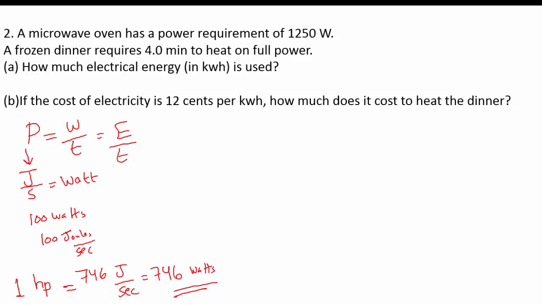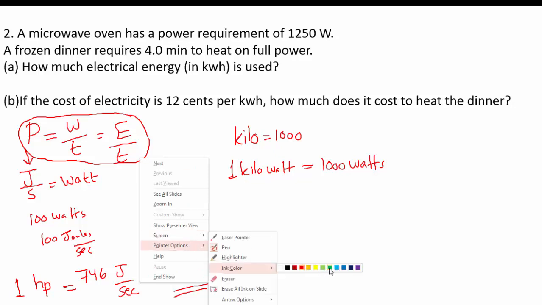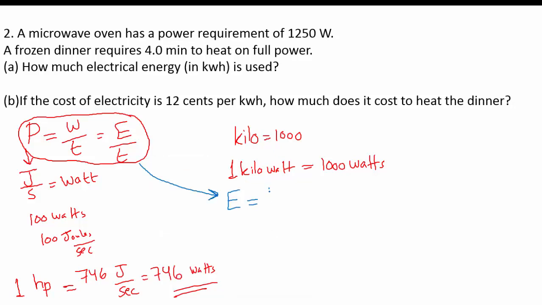Now, in addition to horsepower, we know kilo of anything is 1,000. So 1 kilowatt is 1,000 watts. Now, if you look at this equation of power, we can write an equation for the energy. Let me use a different font color here. Energy we can write in terms of power times time.